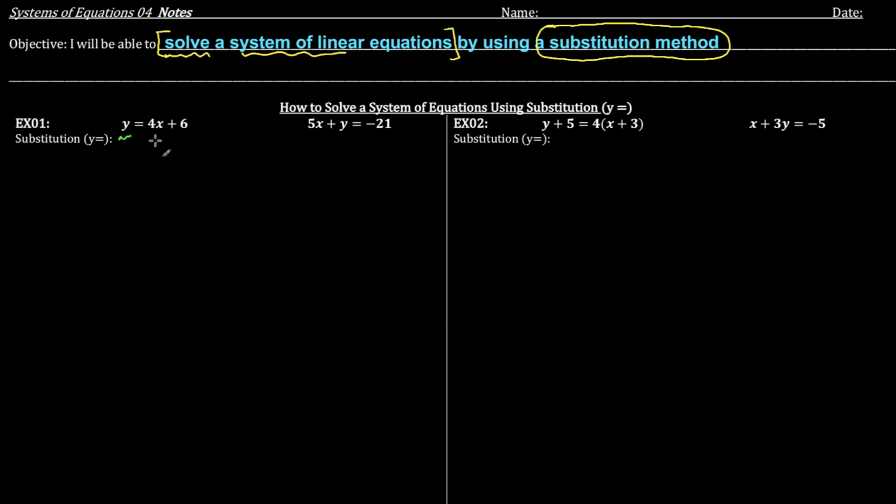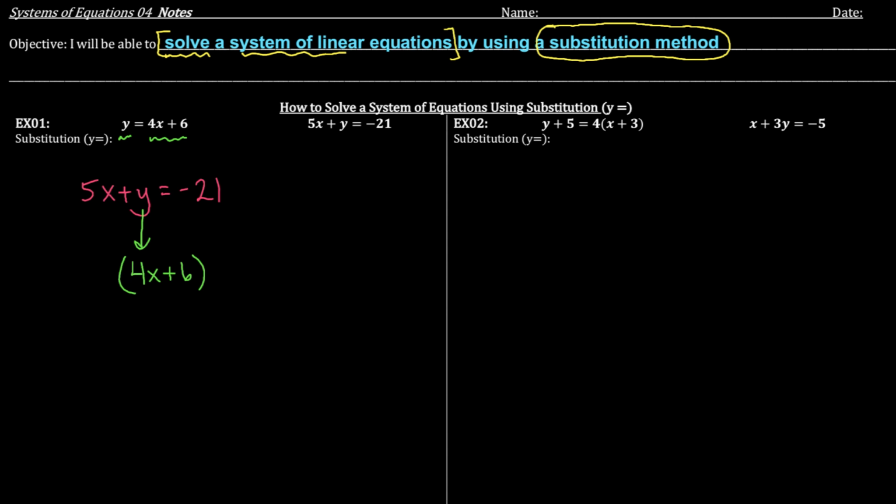So y equals 4x plus 6. That might make it easy for you to see. And here is our second equation. So y is 4x plus 6. So in this equation, y is 4x plus 6.